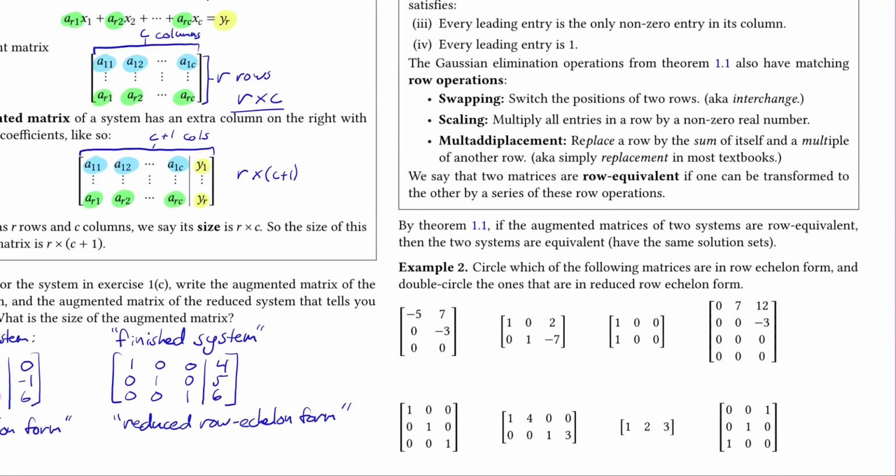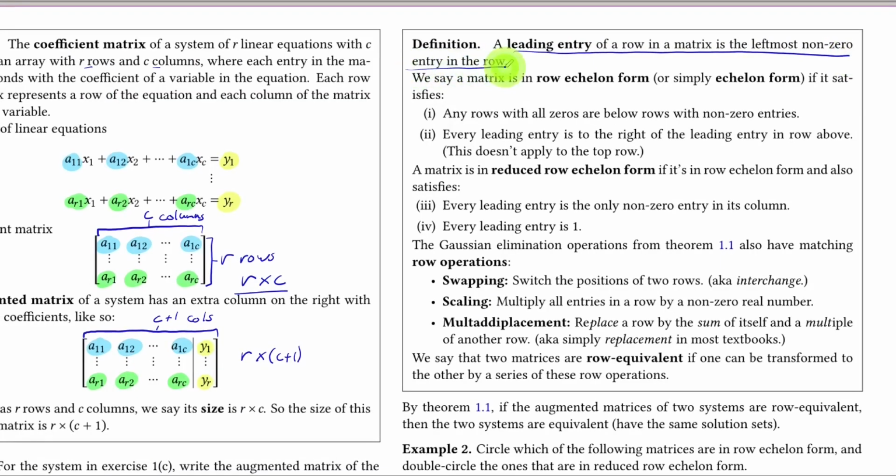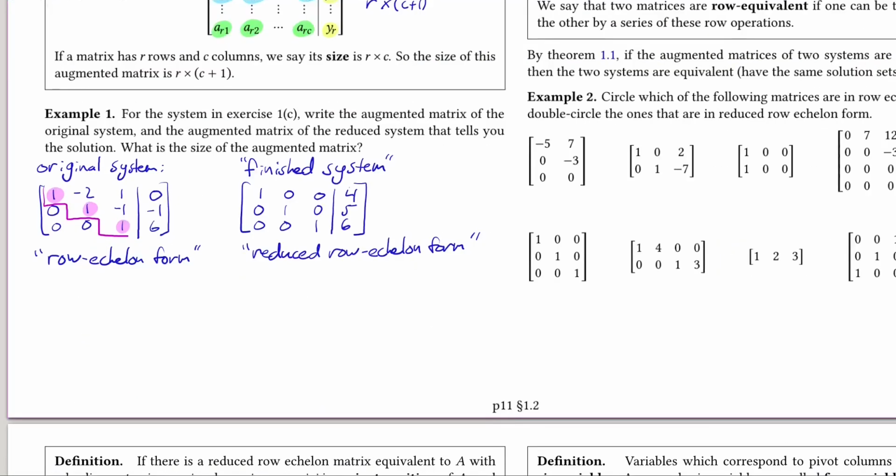All right, so let's see what the formal definition of this is. So we start with the idea of a leading entry. A leading entry in a row of a matrix is the leftmost non-zero entry in that row. For example, with this one, you go as far left as you can, and the leftmost non-zero entry is 1. That's not 0, so that's good.